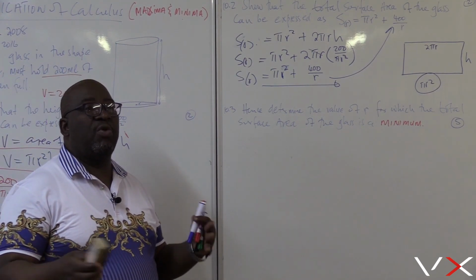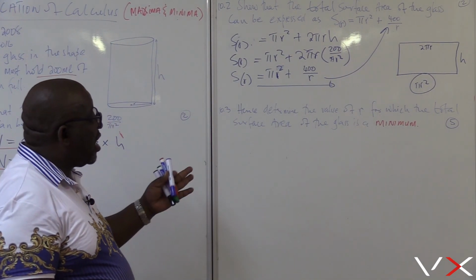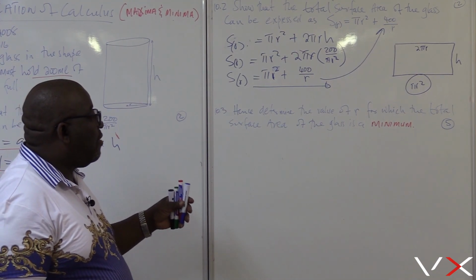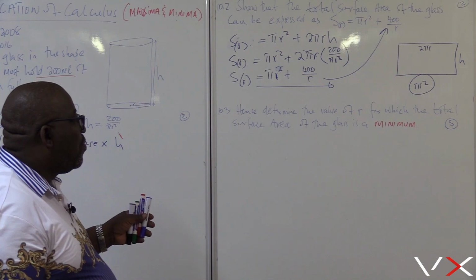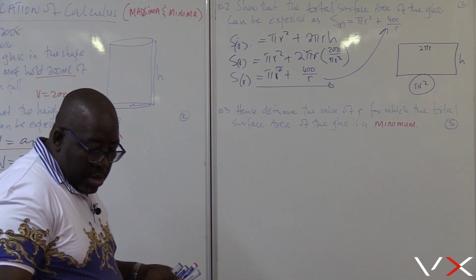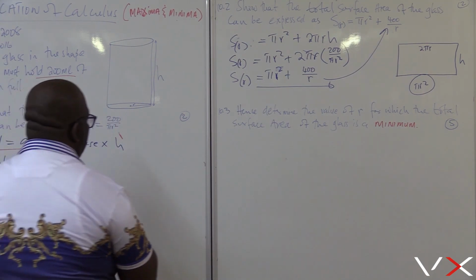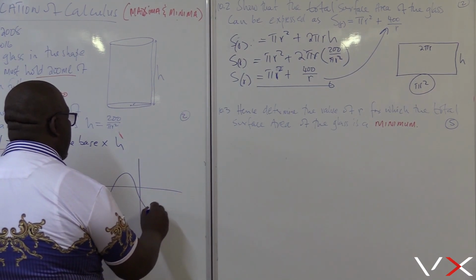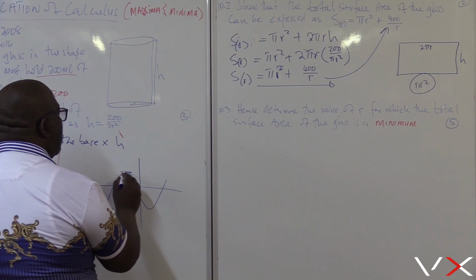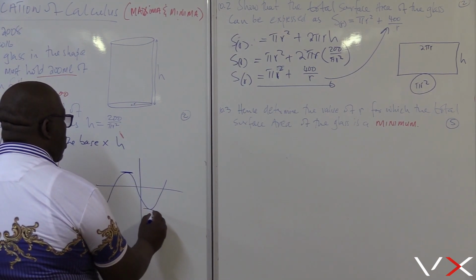If it was values, we're going to have more solutions. In this case, there's only one value of r for which the surface area is a minimum. If I have a cubic function, this part is called maximum, this part is called minimum.